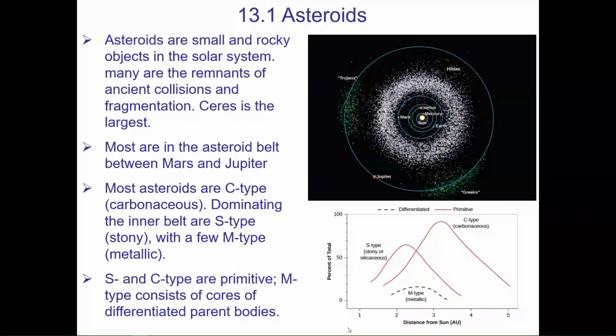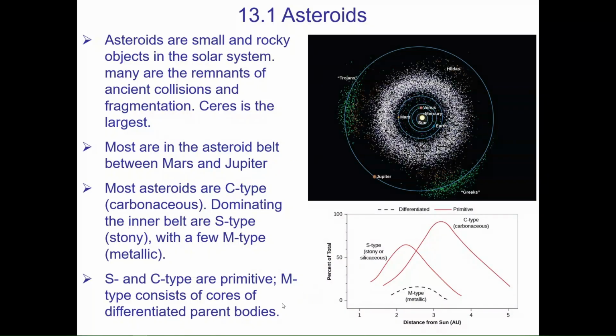Primitive bodies just means those that have changed very little chemically since the beginning of the solar system. We believe the S-type asteroids may have formed at a different location in the beginning of the solar system from the C-type asteroids, which made them both primitive but with different chemical compositions.